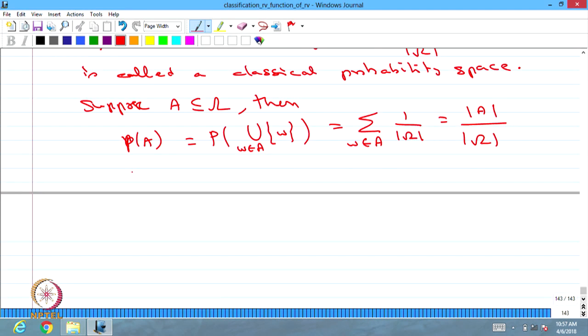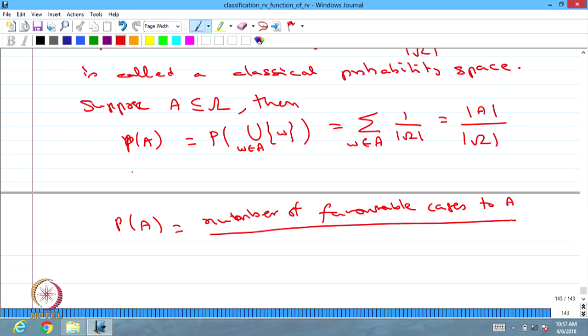In other words, P of A is the number of favorable cases to the event A divided by the number of possible cases.